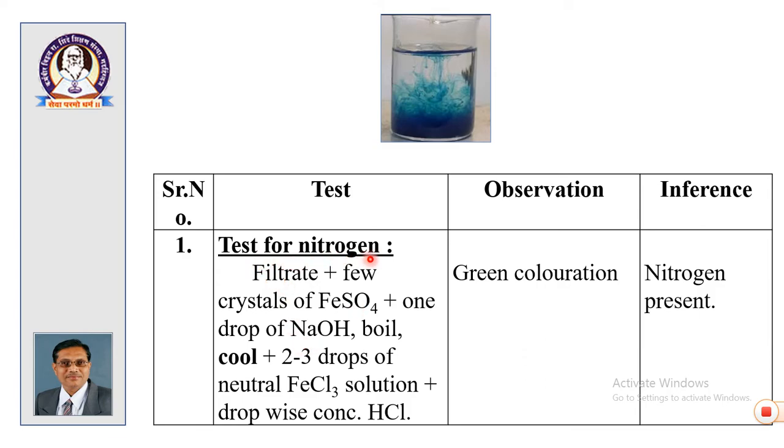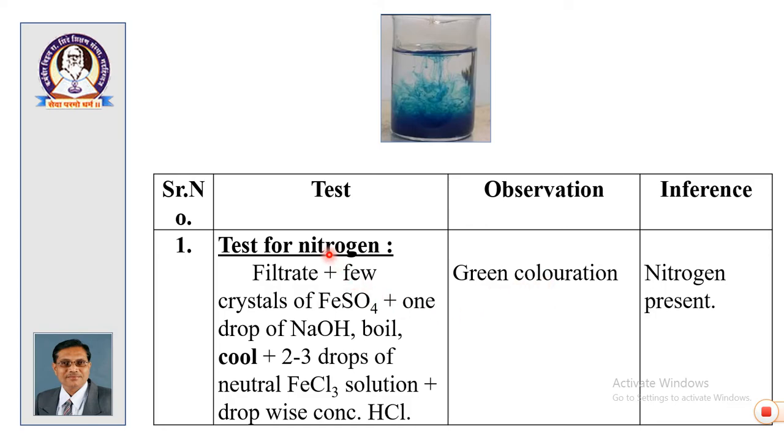First test is the test for nitrogen. Filtrate plus a few crystals of FeSO4. See carefully. Ferrous sulfate crystals are taken. Then the mixture is heated gently. Add 1 drop of sodium hydroxide, boil it carefully, cool it, add 2-3 drops of neutral FeCl3 solution dropwise and add HCl. So green coloration or green precipitate.